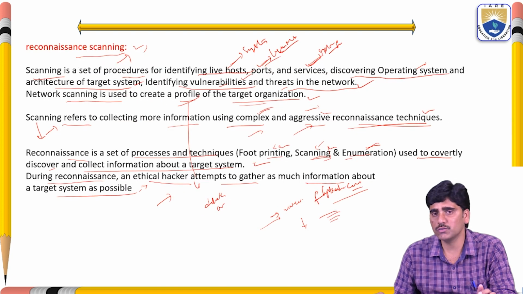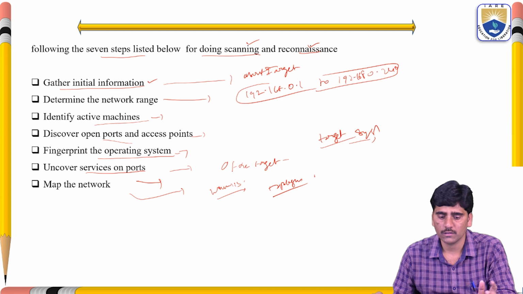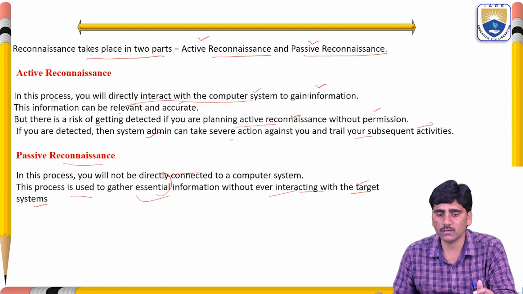And what is the use of scanning and reconnaissance techniques? Scanning is a set of procedures for identifying live hosts, ports, services and so on. To identify all the hosts, ports and services, we use different procedures like scanning and reconnaissance. The reconnaissance types are active reconnaissance and passive reconnaissance.